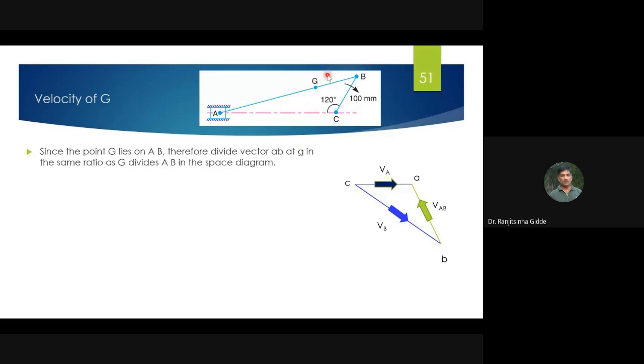So actually G point is 100 mm from B and the total length is 300 mm. So next line you can write the ratio like this, AG divided by AB is equal to capital AG divided by capital AB.